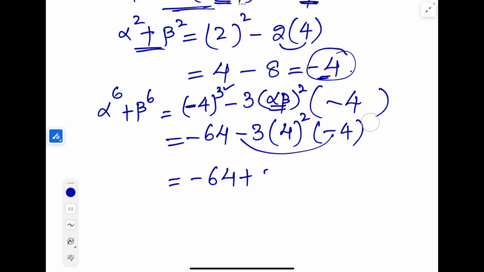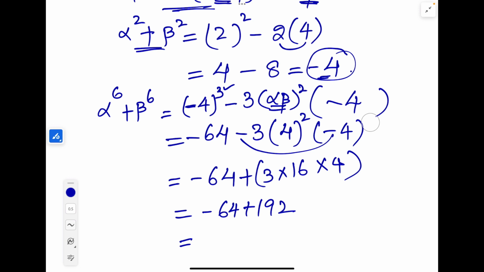Minus into minus is plus. 3 into 4 square is 16 into 4. Okay. Now -64 plus 3 into 16 into 4, 192. So -64 plus 192 is 128. So alpha power 6 plus beta power 6 value is 128.